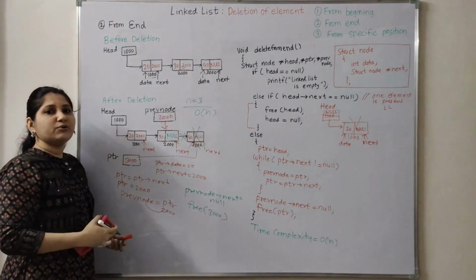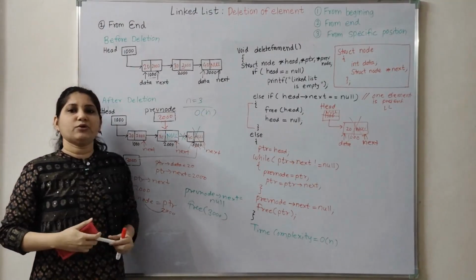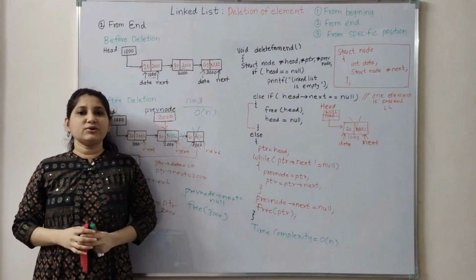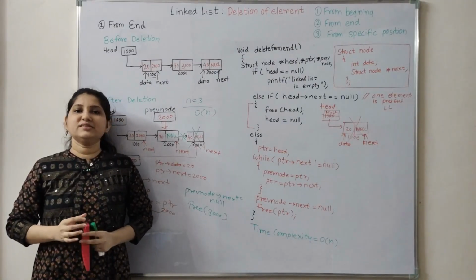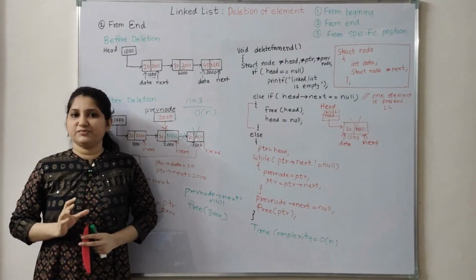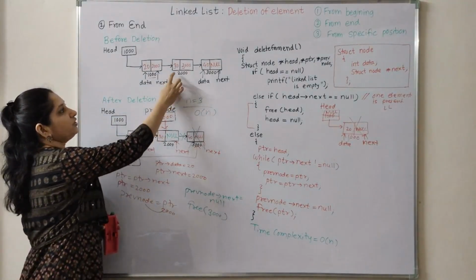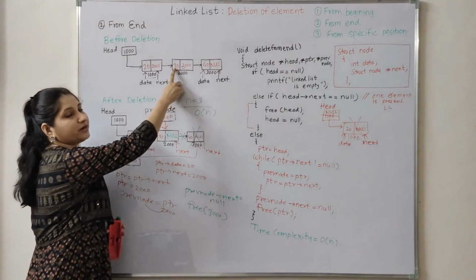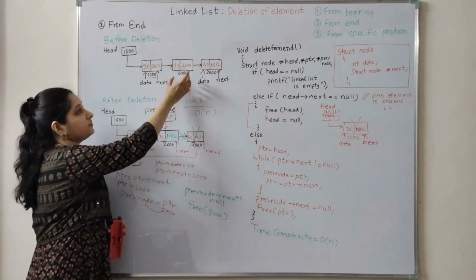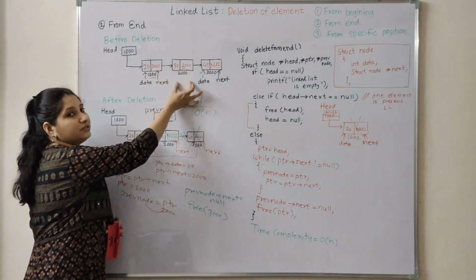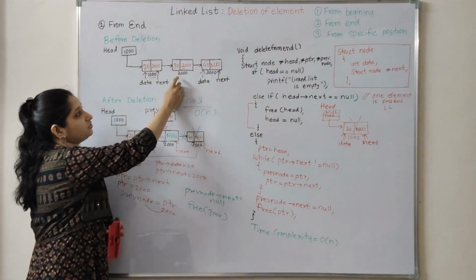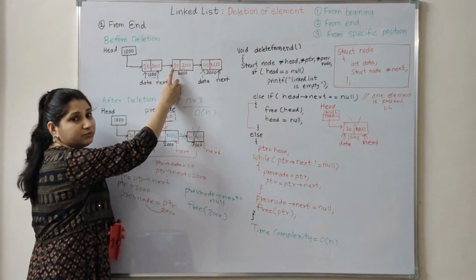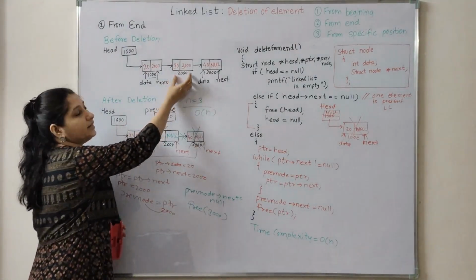So this is all about how we can delete an element from the end of the linked list. In the next video we will discuss how we can delete an element once a specific position is specified. For example, if we have to delete an element from the linked list and the element specified is 30, we have to traverse from this node to this node only, searching for that key, and once we get the key we want, we can delete that element.